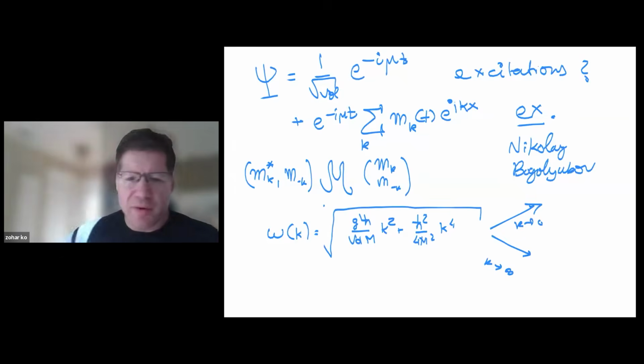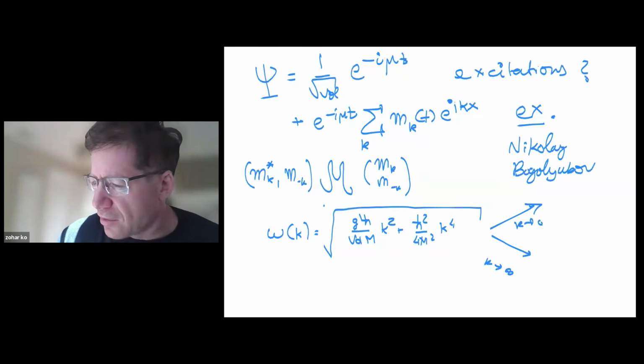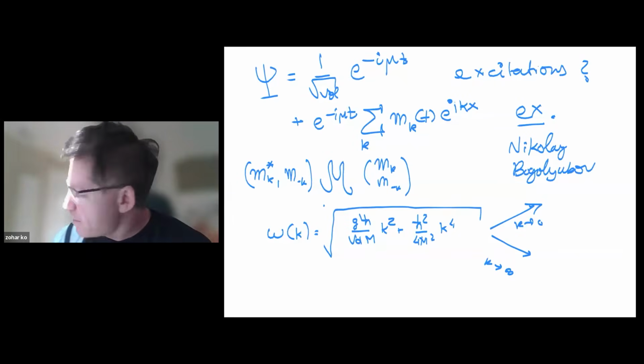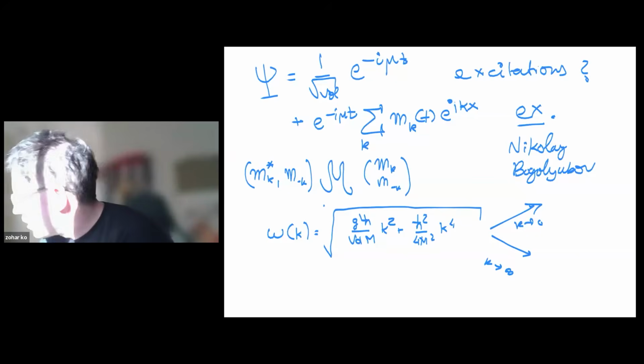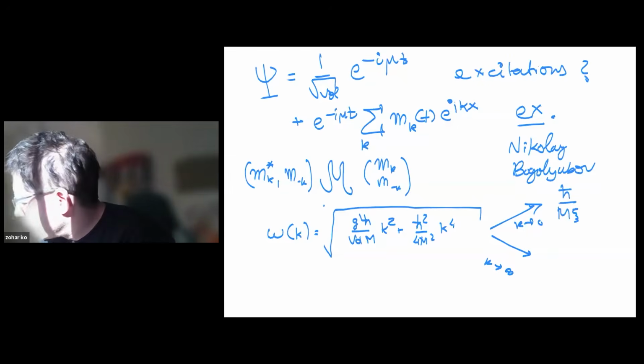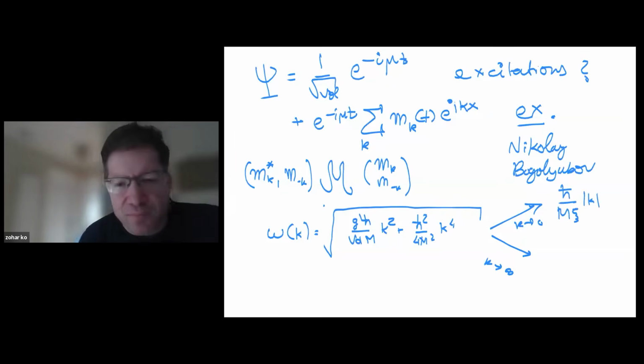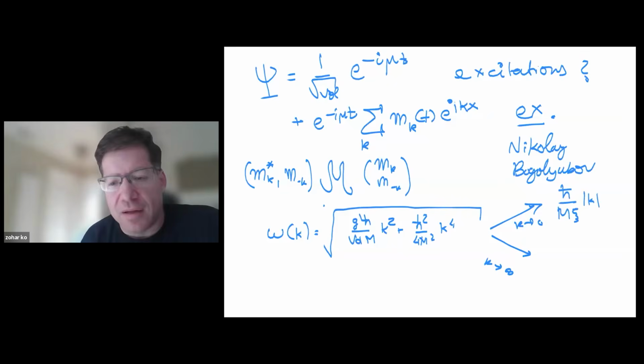In the low momentum limit, we just care about the first term inside the square root, and you get something very nice. Up to factors of pi, you get h bar over mc times the momentum in absolute value. So what is h bar over mc? That's xc. Xc is the healing length.